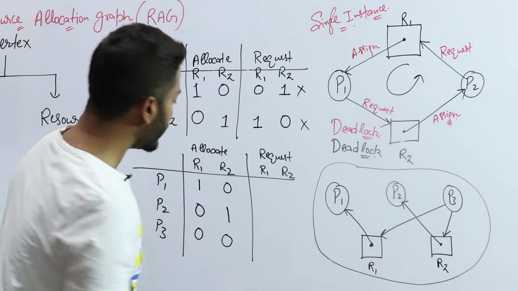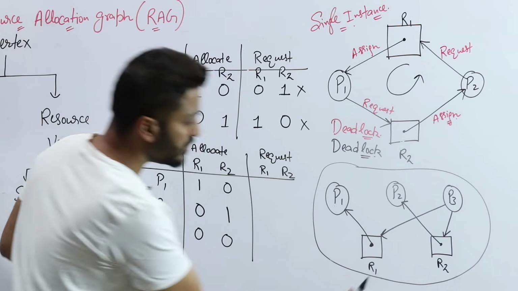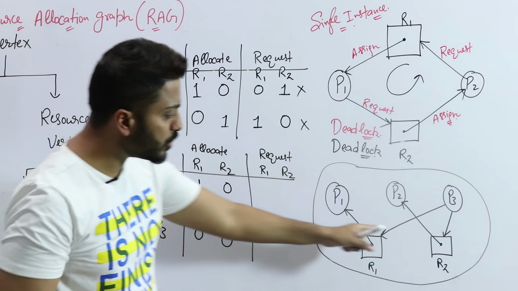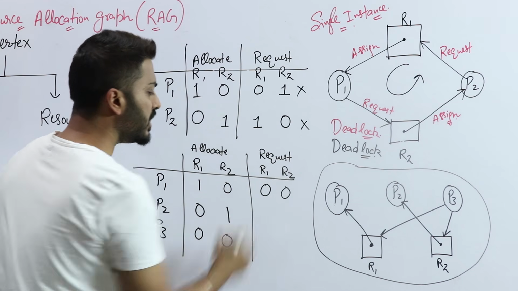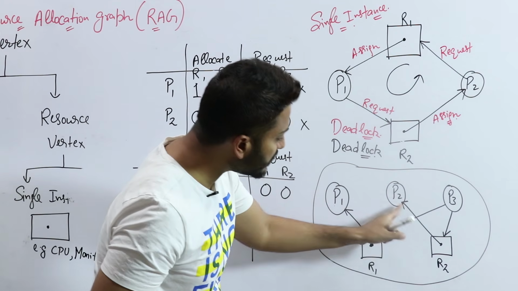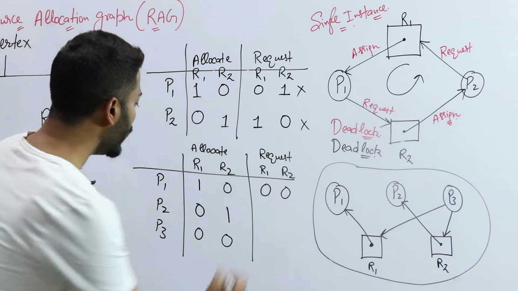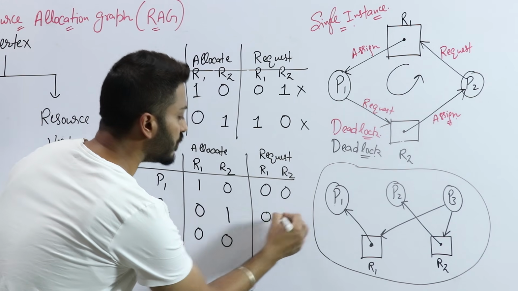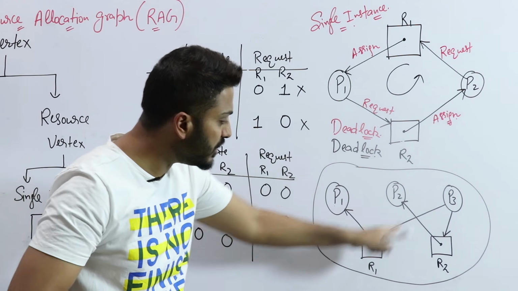Now check the request of P1. Whether P1 is requesting? No. P1 is not requesting any resource. If it is not requesting, simply write 0, 0. Check for P2. Is P2 requesting any resource? No. P2 is also not requesting any resource, because there is no edge moving from P2 towards any resource.